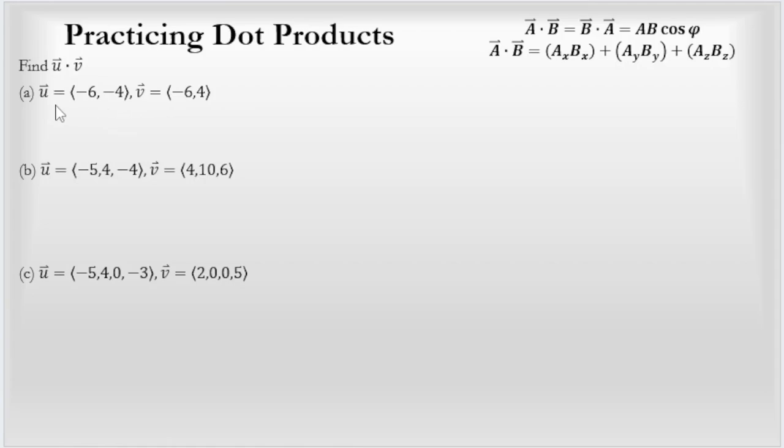Okay, so I have vector u, -6, -4. I don't know where it starts and ends in space, but I know its components are -6 in the x direction and -4 in the y direction. V has -6 in the x direction, +4 in the y direction. So because I was given the components, I'm going to use the second version of this equation for finding the dot product.